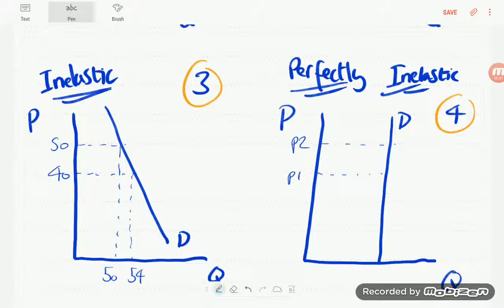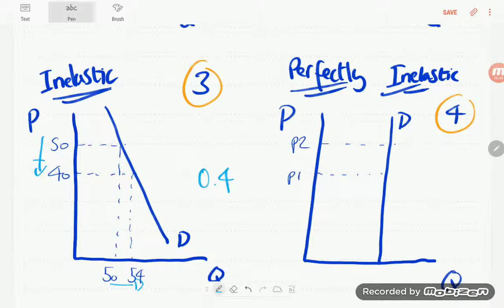In diagram 3, price falls from £50 to £40, a 20% decrease, and only an extra 4 units, which is an 8% increase in quantity demanded. This gives an inelastic PED of minus 0.4.